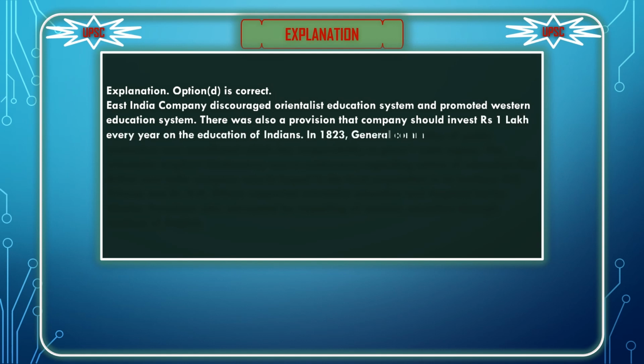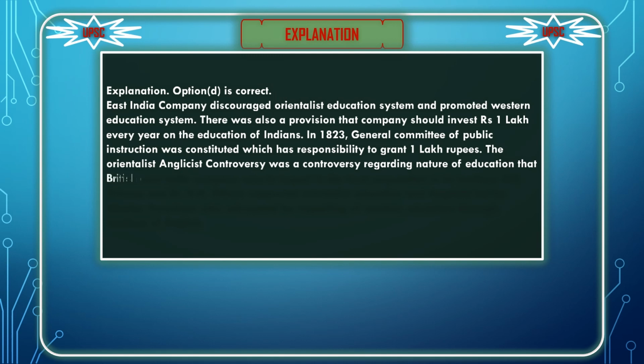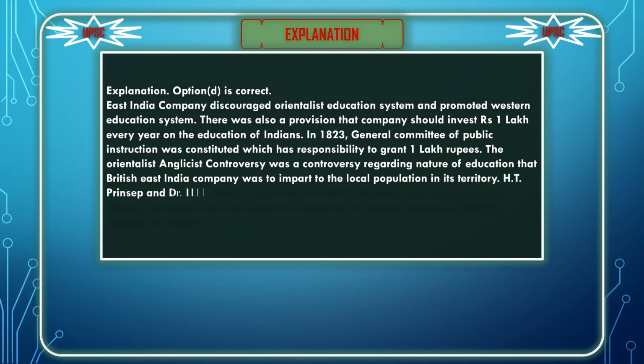In 1823, General Committee of Public Instruction was constituted, which has responsibility to grant 1 lakh rupees. The Orientalist-Anglicist controversy was a controversy regarding nature of education that British East India Company was to impart to the local population in its territory. H.T. Prinsep and Dr. H.H. Wilson.